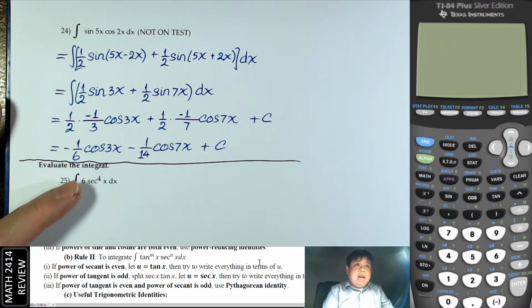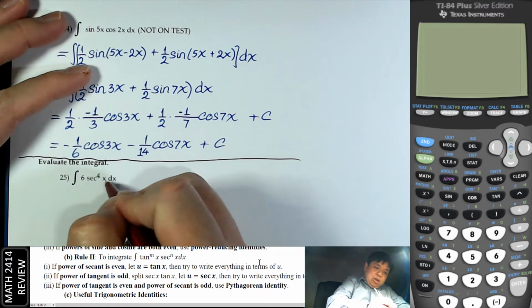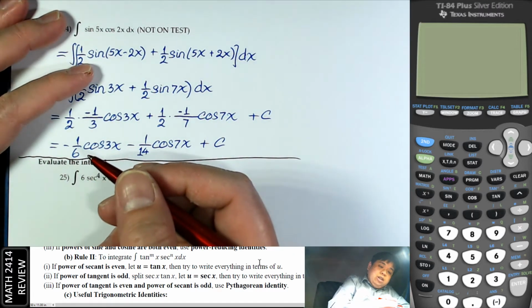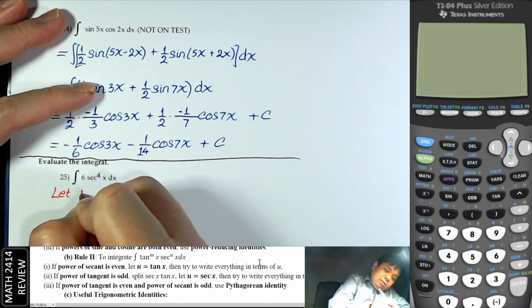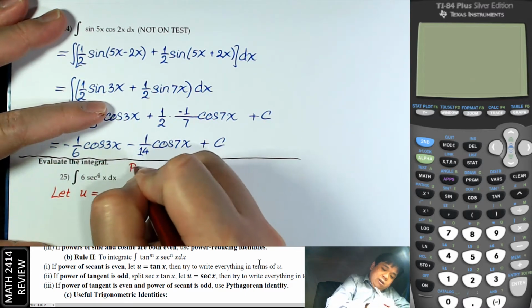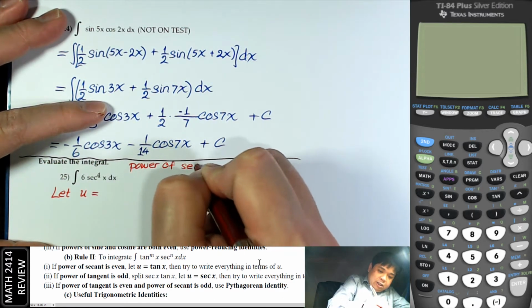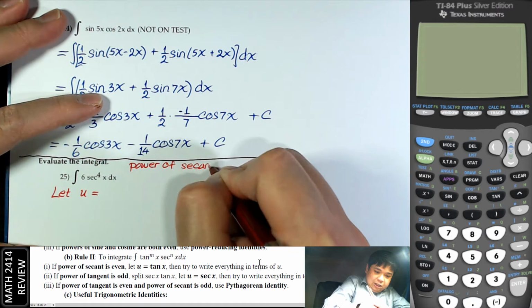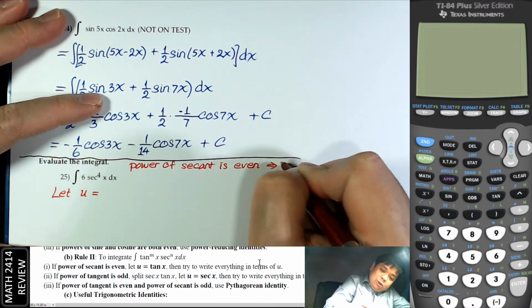Right, so now we have the power of secant is even, so u is equal to tangent. Now this is just x, so we're just going to say u is equal to tangent of x. Power of secant is even, so u equal to tangent.